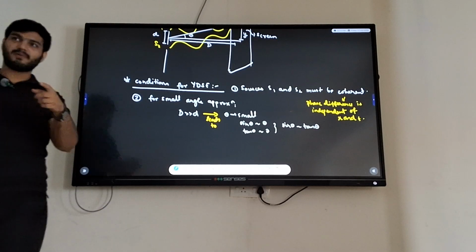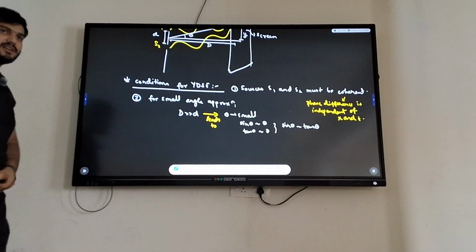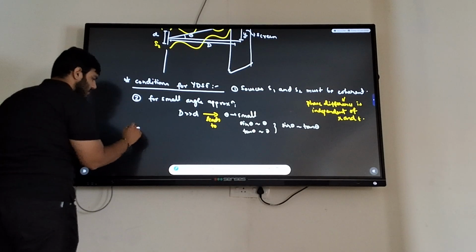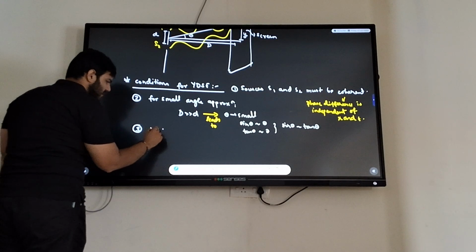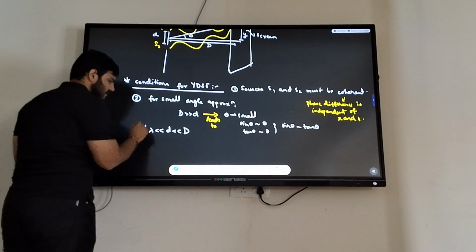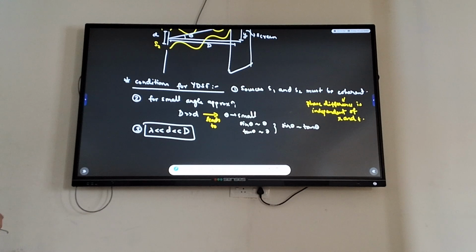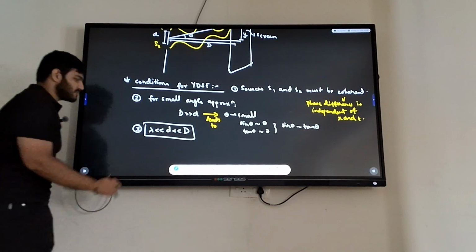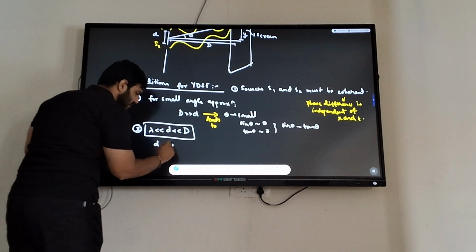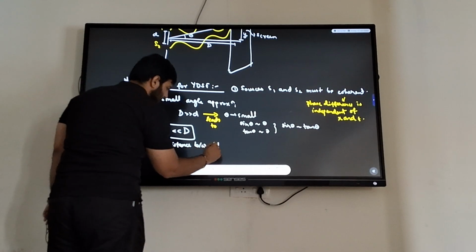The wavelength is much smaller than even this small d. Small lambda is much smaller than d, and this is one of the conditions of YDSE: your wavelength is much smaller than the distance between the two slits. And what was small d, by the way? Distance between slits.